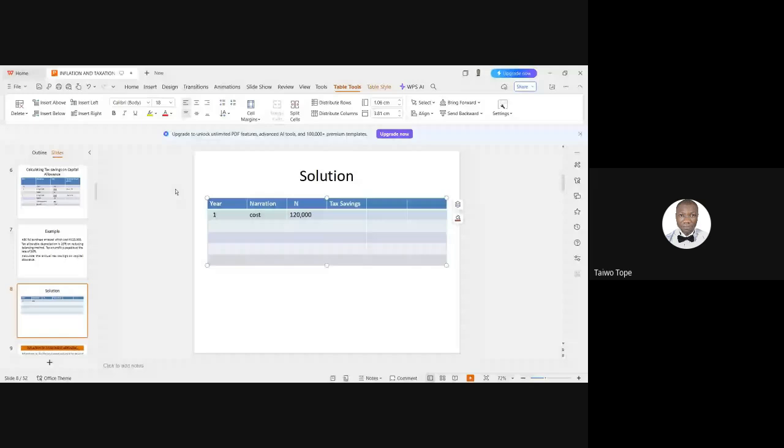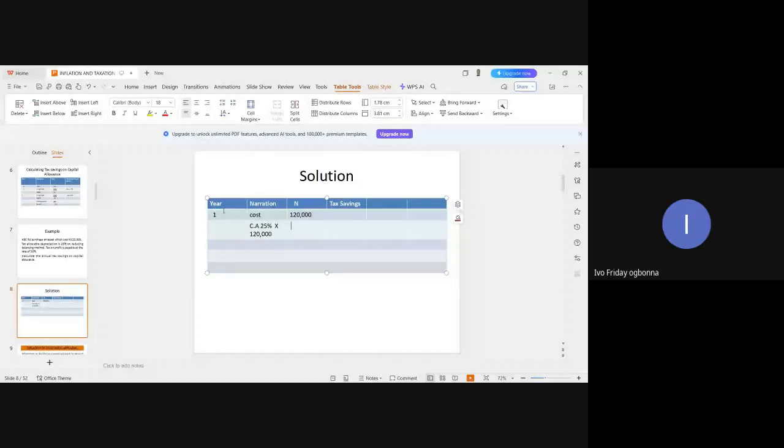What is the rate of your capital allowance? 25%. Capital allowance is 25% of what? Of 120. When you do that, what will be your result, sir? 30,000.